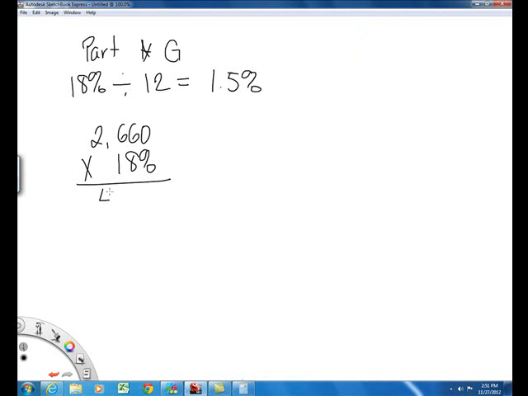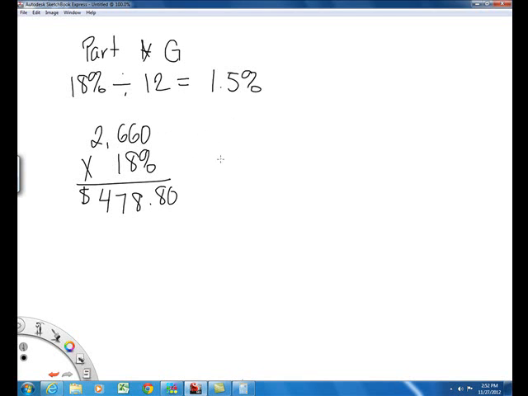That gives me $478.80, which is the amount that they're going to charge me to do the installment price. In other words, I could have bought it for $2,660 today. Instead, I'm choosing to pay for it over the course of a year at 18% interest.